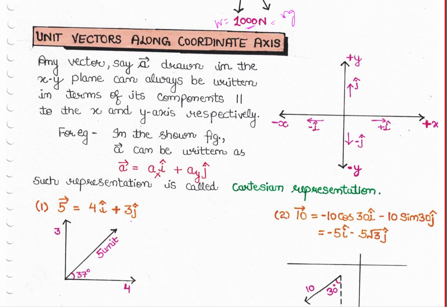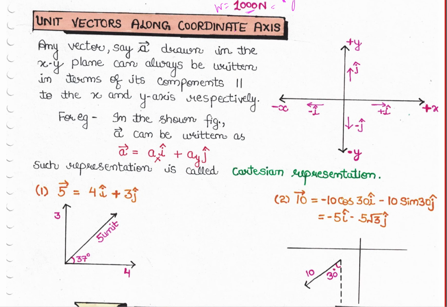Now what are unit vectors along coordinate axes? Any vector, say vector A, drawn in the xy plane can always be written in terms of its components parallel to the x and y axes respectively.